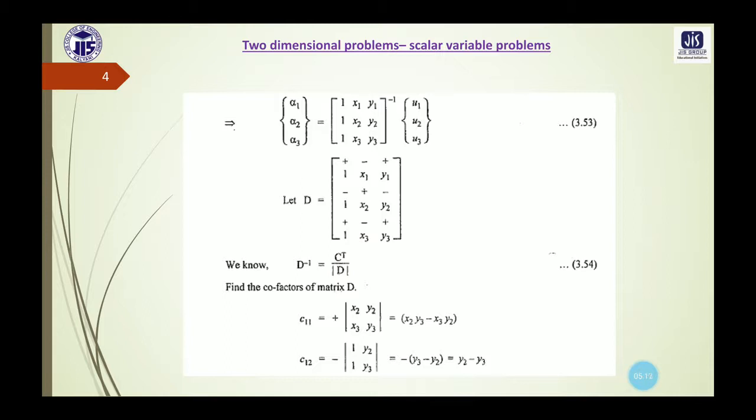That means the column matrix of alpha 1, alpha 2 and alpha 3 equals the inverse of this 3 by 3 matrix multiplied by u1, u2 and u3, which is our equation number 3.53.